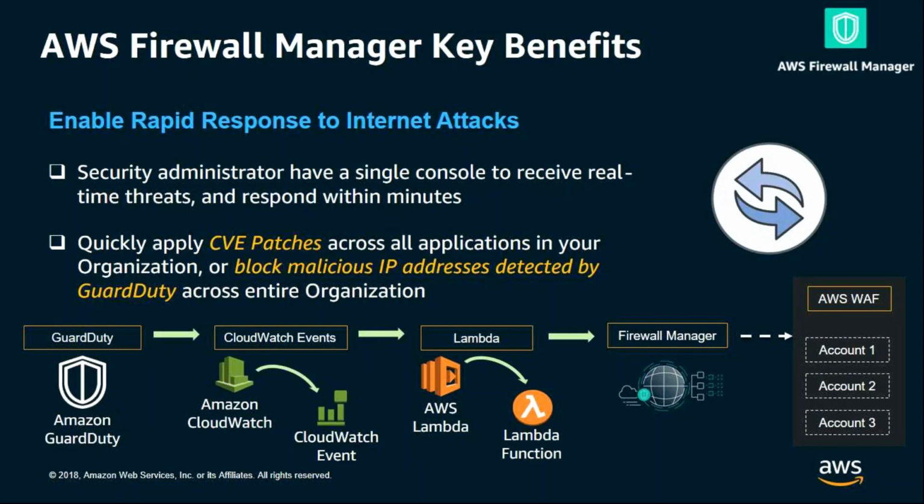And you can do the same thing with CVE patches as well. You could apply a CVE patch, either your own patch or subscribe to a marketplace rule, and apply it across all your applications. Very useful when it comes to incident response.